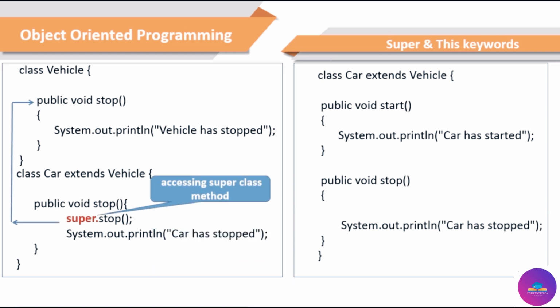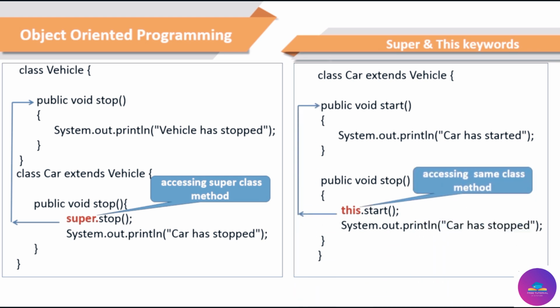The this keyword is used to access the same class members inside the same subclass. In our example, the subclass Car class is using the this keyword to access its own start method. We can also access other members of this class, such as variables and constructors, using similar methods.